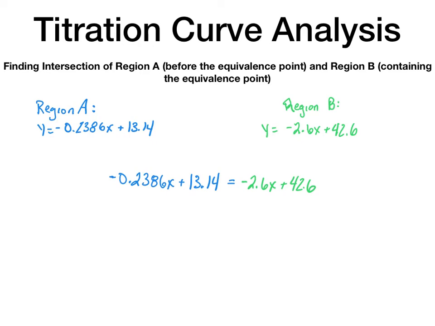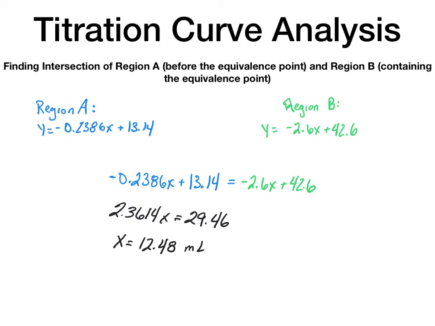And if I do my algebra, I can rearrange this and I get that 2.3614x is equal to 29.46, and I find that x is equal to 12.48. And now the x value is milliliters.